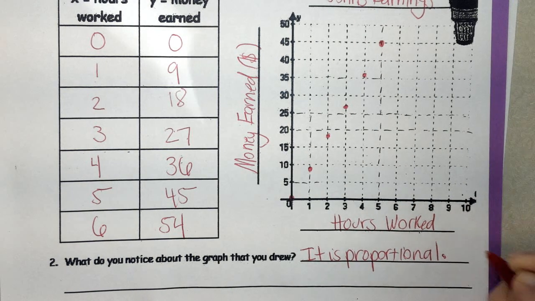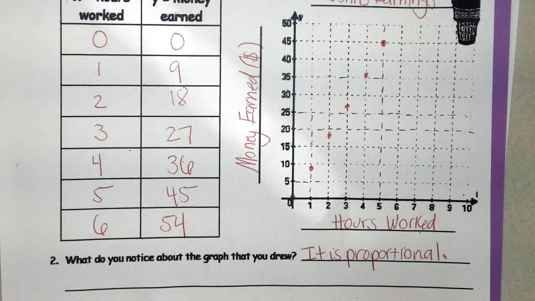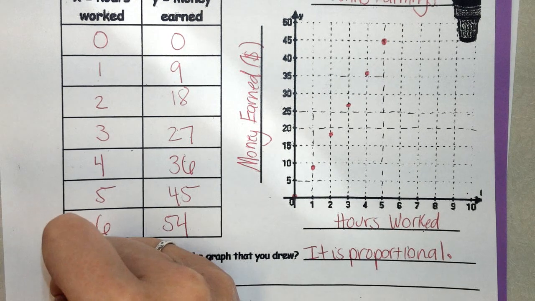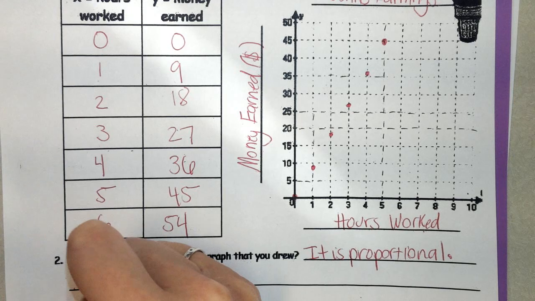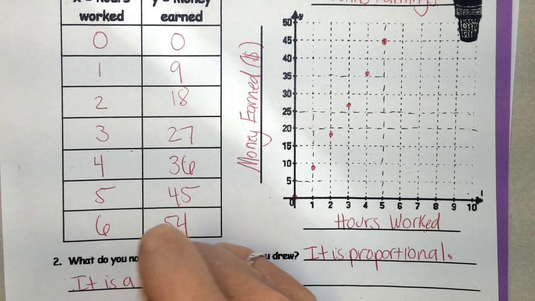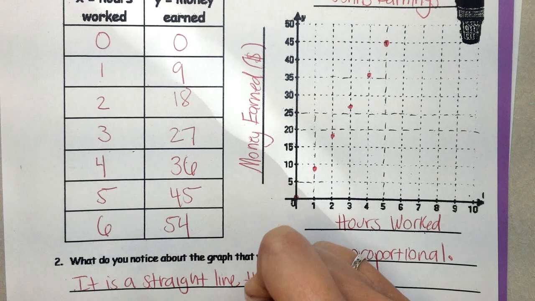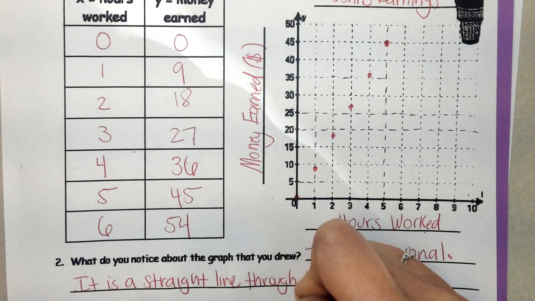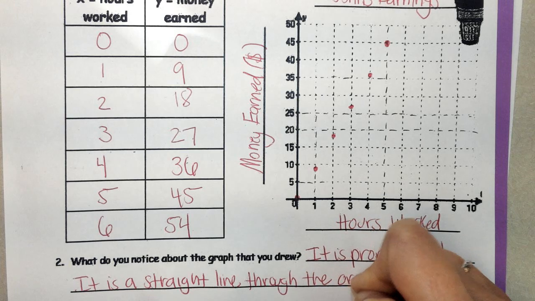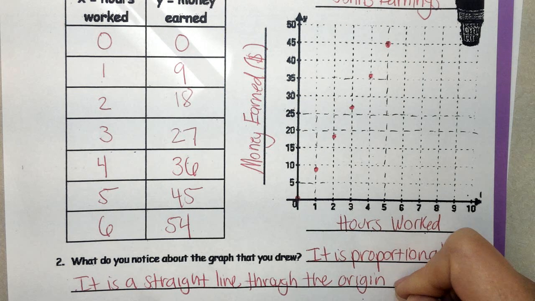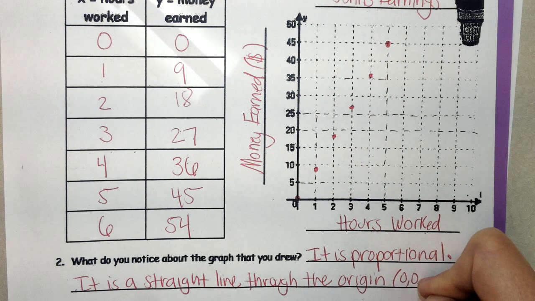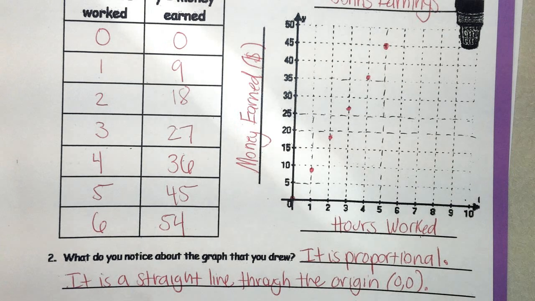And then I'm going to add in what Hallie said first so that we all remember what that actually means. So it is a straight line through the origin. And just to help us remember, I'm going to write 0, 0 at the end so we remember that the origin is 0, 0. Okay?